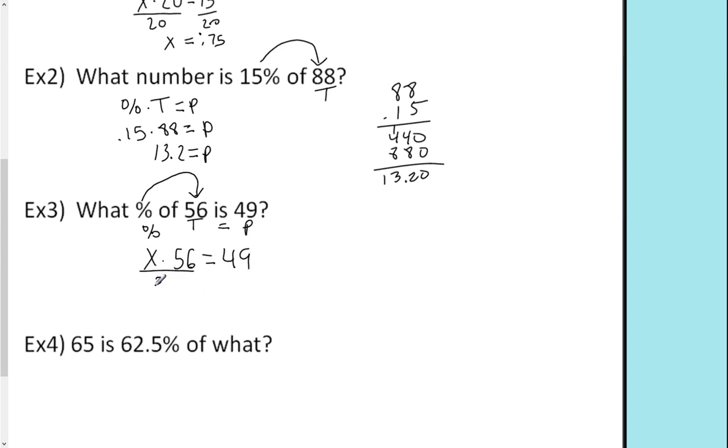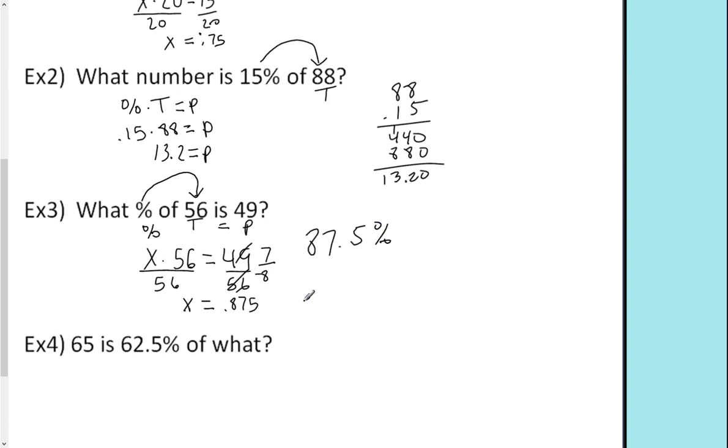Divide both sides by 56. X must equal 49 over 56. I would divide top and bottom by 7, and I end up with 7 over 8. And if you do the math, 7/8 is 0.875, or 87.5%.